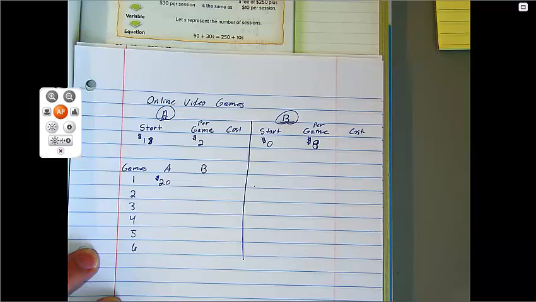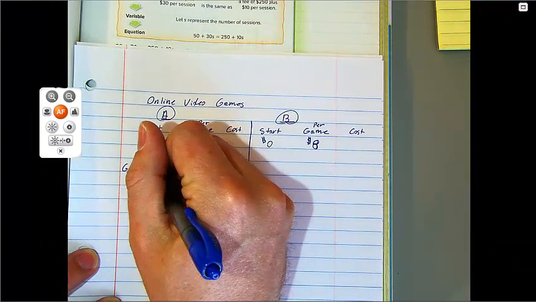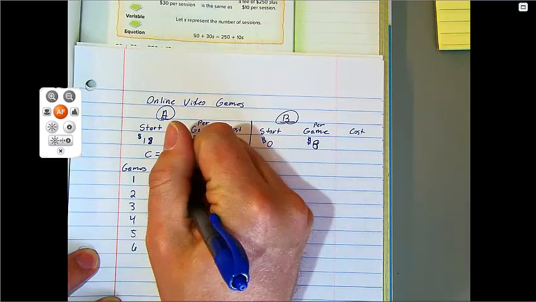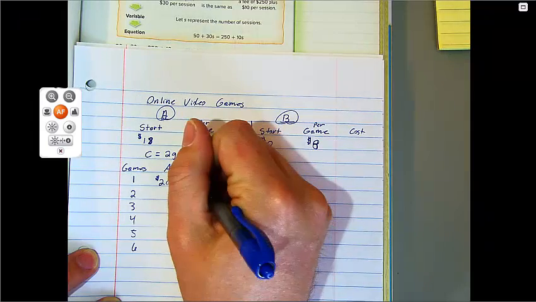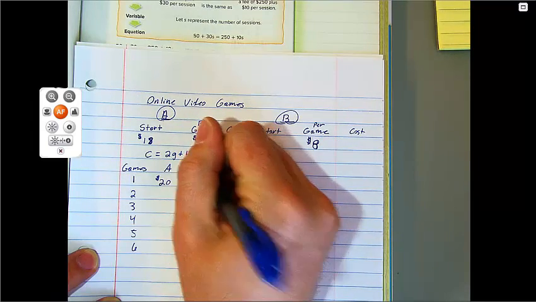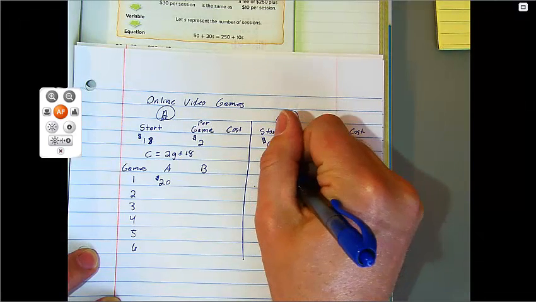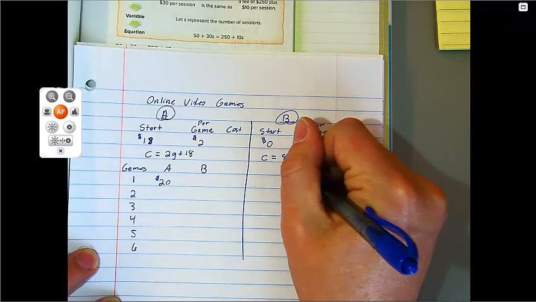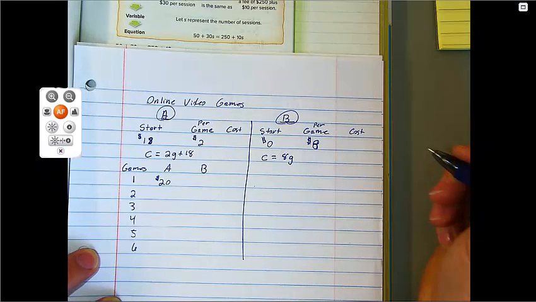So the equation for the cost for company A is $2 times G, that's $2 times games, plus the $18 startup fee. Company B's cost equation is $8 times G for every game, plus 0 because there's no startup fee.